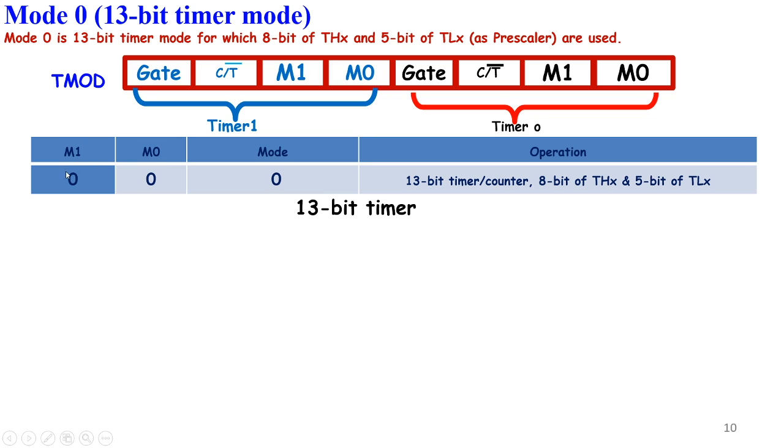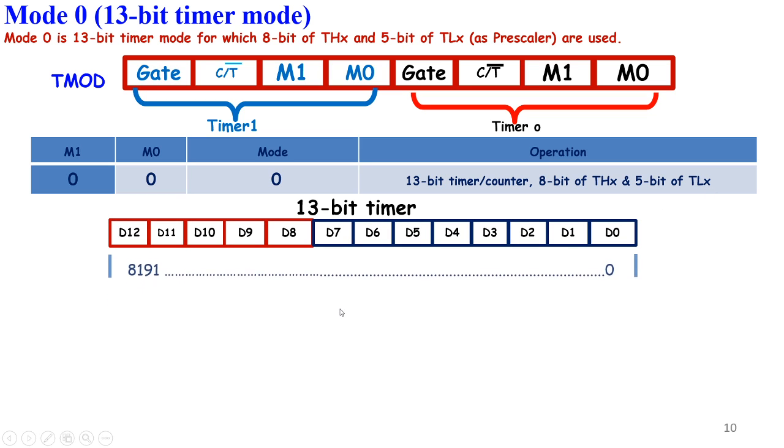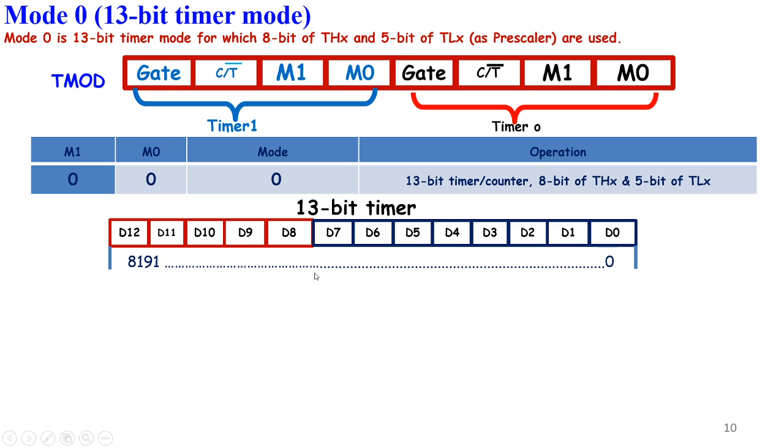When M1 M0 are both 0 0, mode 0 is selected, a 13-bit timer/counter, 8 bits of TH and 5 bits in TL. X indicates timer 0 or timer 1. So in this 13-bit mode, the count value will be D0 to D12, 0 to 8191. So this is the count value.